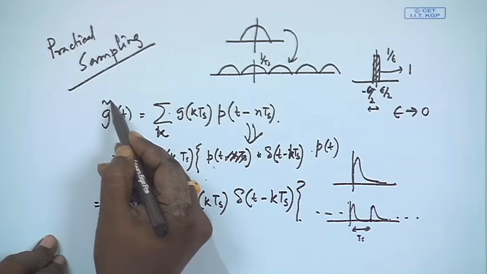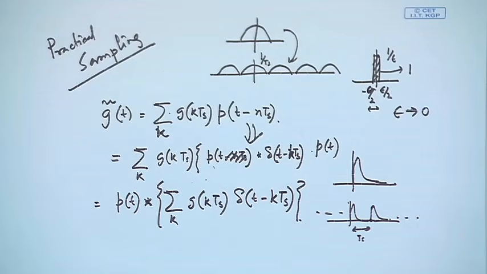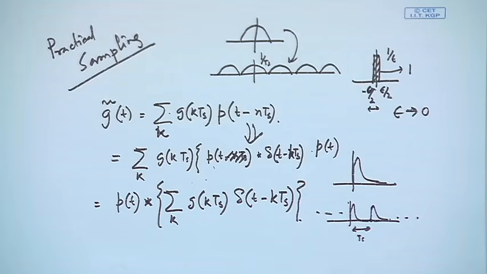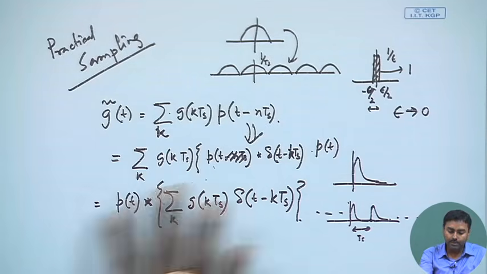and we term this as g tilde(t). Because this is not the original sampling, we are not writing it as g hat or g bar(t), which was the original sampling with delta. So, this is sampled with that pulse, and then we could prove this.